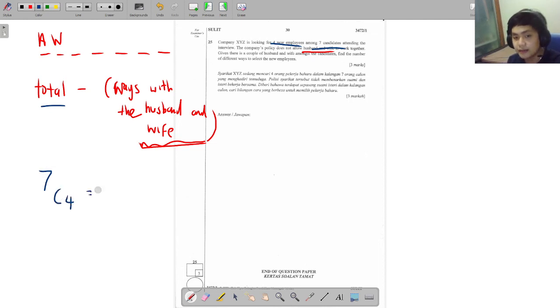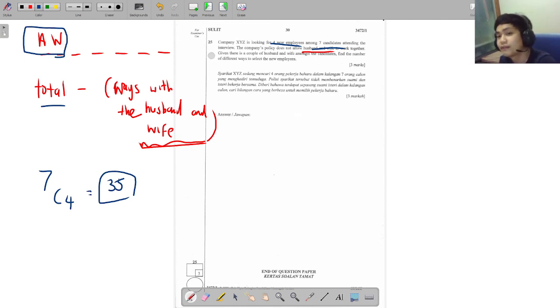Now we use C because we don't care about who comes first. We care about who comes in, right? So C is disregarding the order in which they come in. So 7C4 is 35. So this is our total. So we need to find the ways in which the husband and wife come in. So in other words, the husband and wife are already in the company, we have to assume.